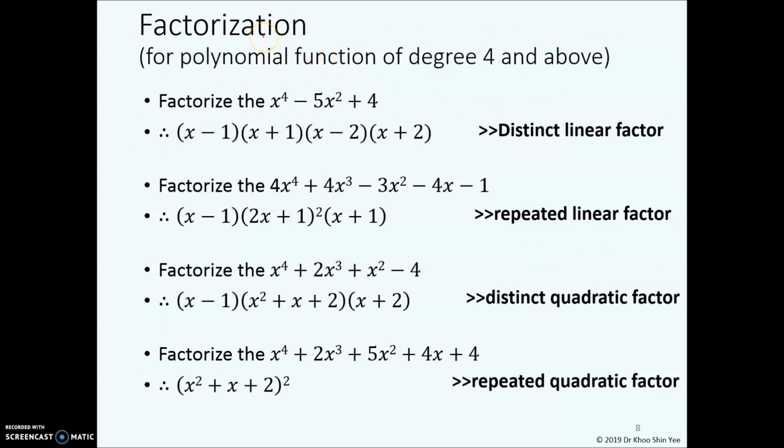So far, our factorization technique is only useful for polynomial functions of degree 3 and below. We have a polynomial function of degree 3 in this example. Let's say you want to factorize this. First, you can use your calculator to find the roots. In this case, your roots will be x equal to negative 1, 5i, and negative 5i.